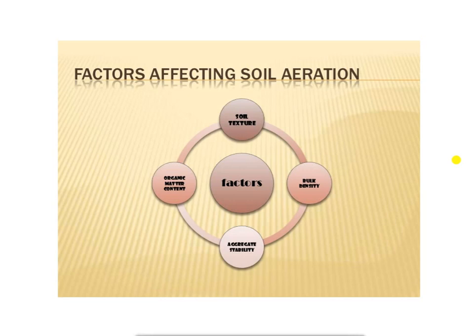Then organic matter content. With an increase in organic matter content, soil aeration increases. As the decomposition process of organic matter starts, it increases rapid movement of gases between soil air and atmospheric air. These are the most important factors which affect soil aeration.